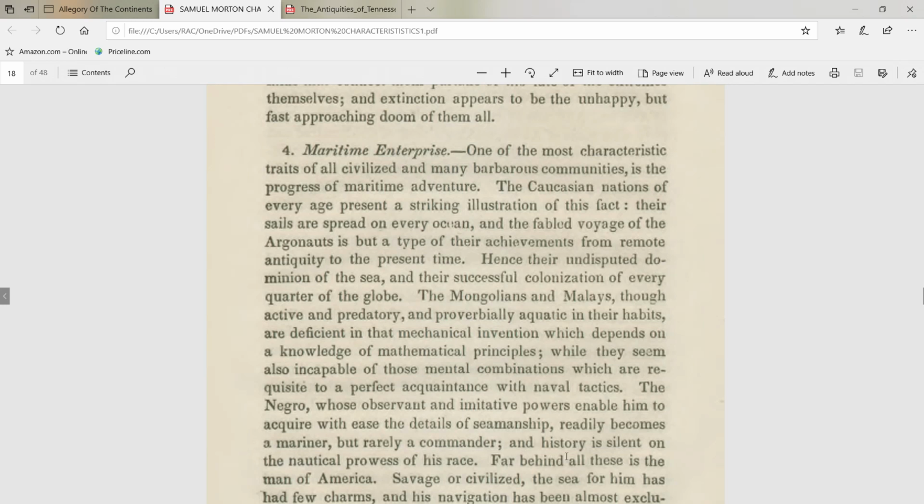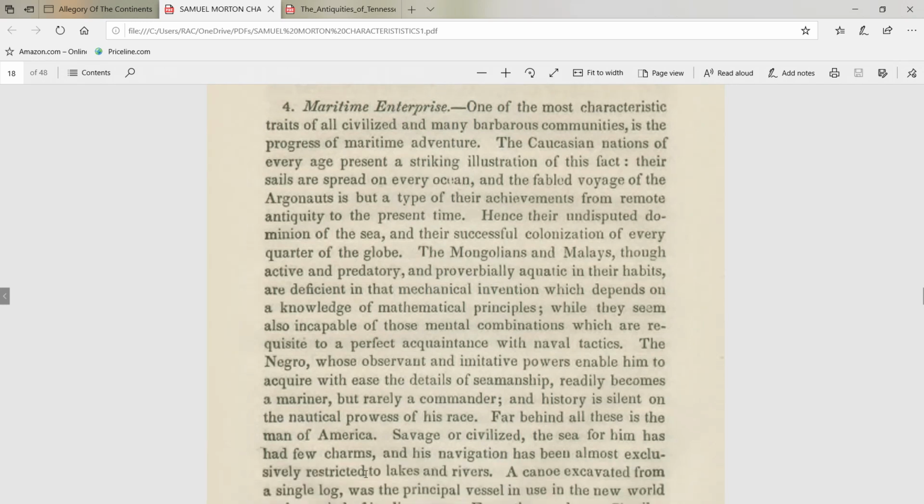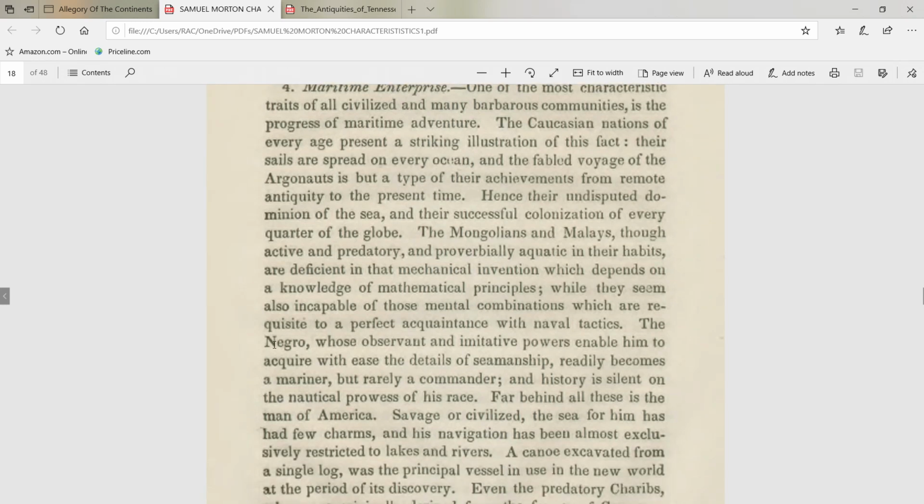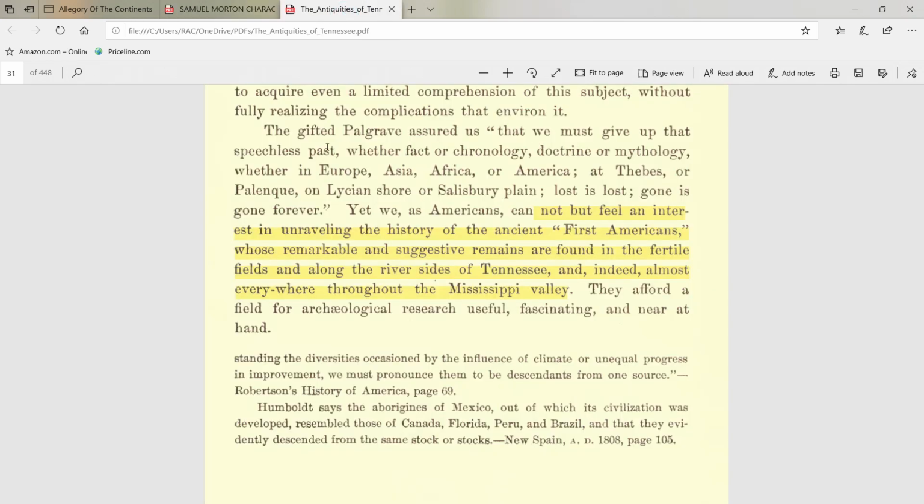Far behind all these is the man of America. So right here we're seeing a separation between the Negro, which is the African when it's being used right here, and the American, which is separate from the Negro, right? Just like in this book, it talked about the Europe, Asia, Africa, and America.